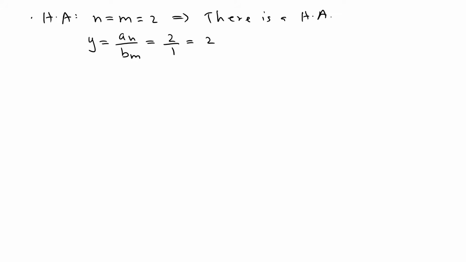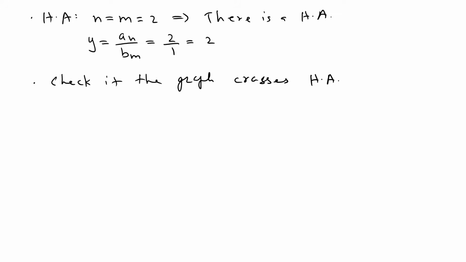So now we have all the information. We have one last thing. We want to check whether the graph is going to cross the horizontal asymptote, because there's a possibility that can happen. So let's check if the graph crosses the horizontal asymptote.